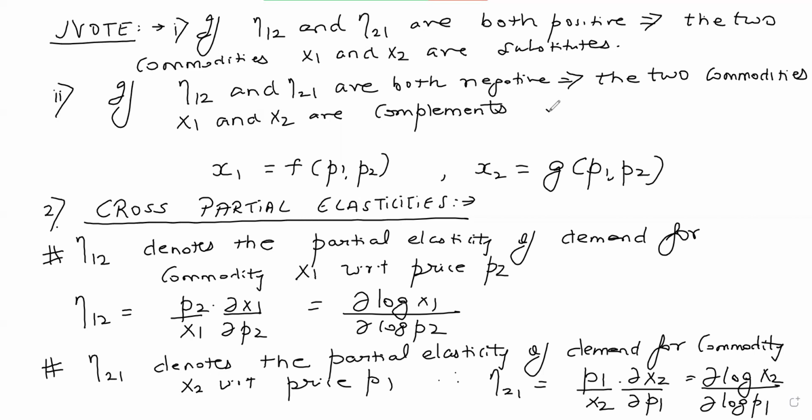When the price of sugar goes up, demand for tea will go down. That means for complements, we would expect the sign of cross partial elasticities to be negative. So I hope students have understood this.